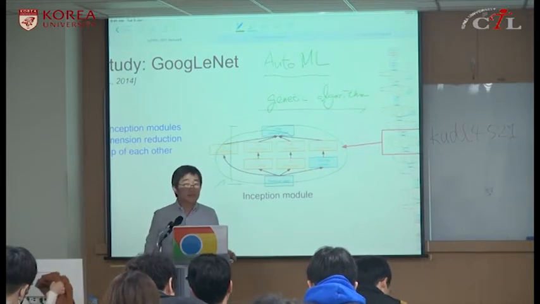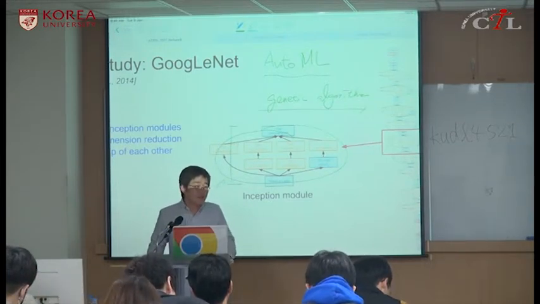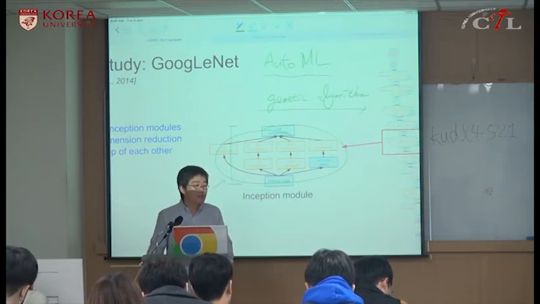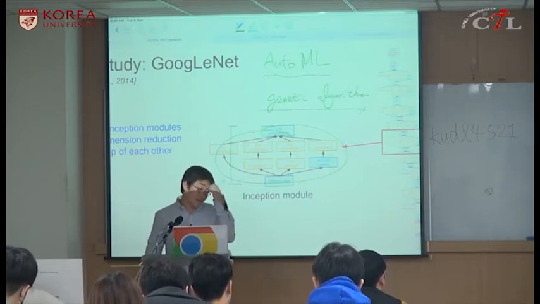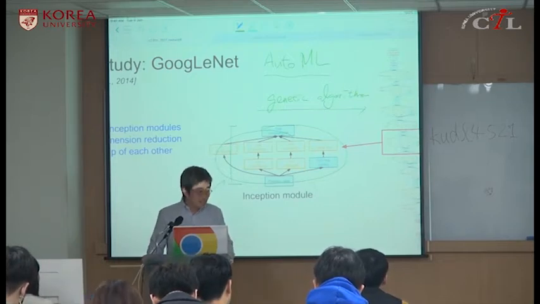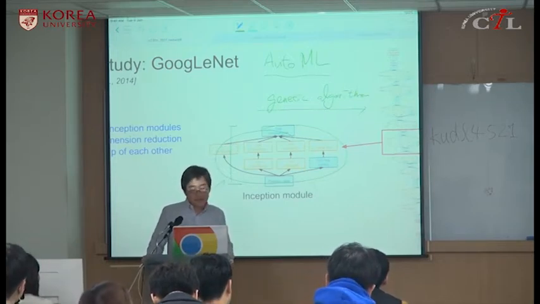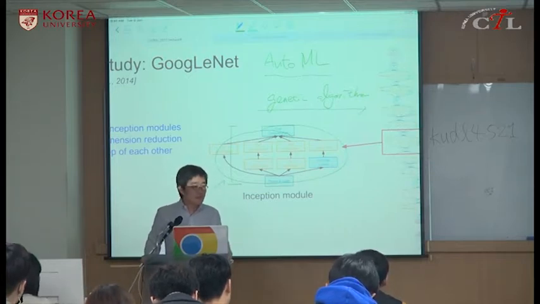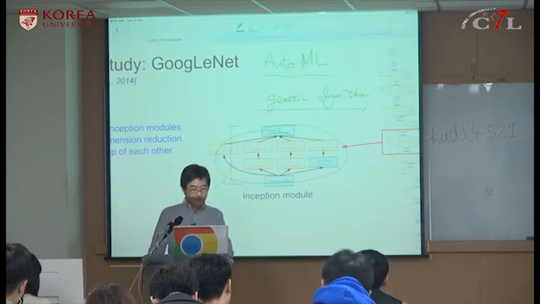There are several different algorithms that can be applied to combinatorial optimization problems, and Google did a lot of work, basically running their powerful machines to run these algorithms to find out the best module definition, or this kind of particular structure.